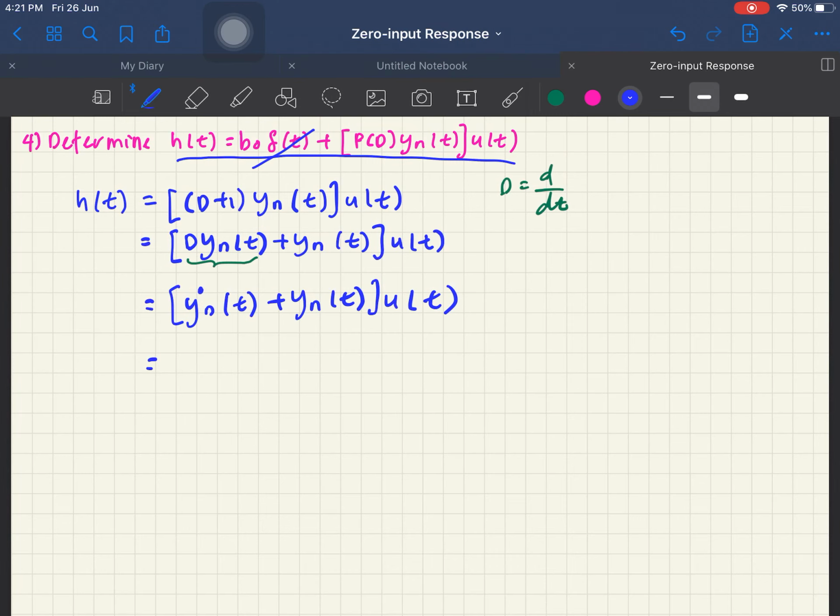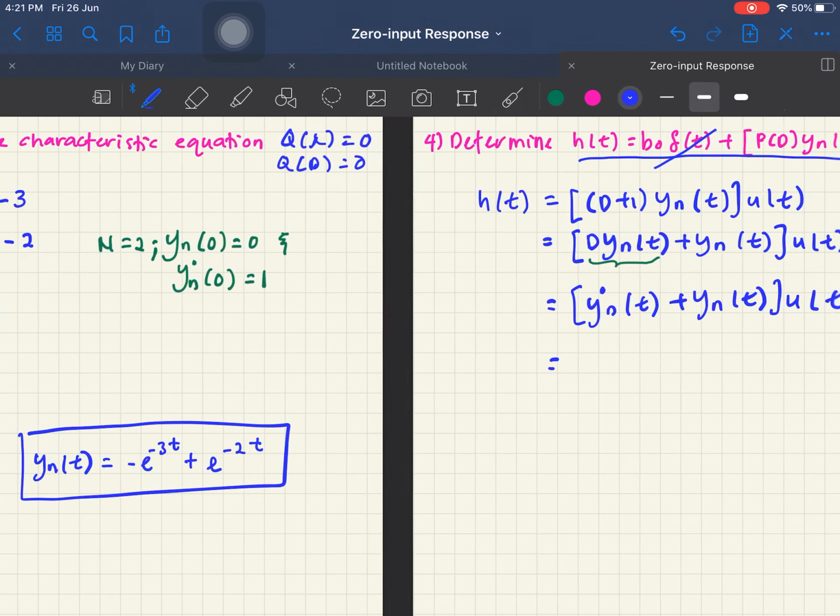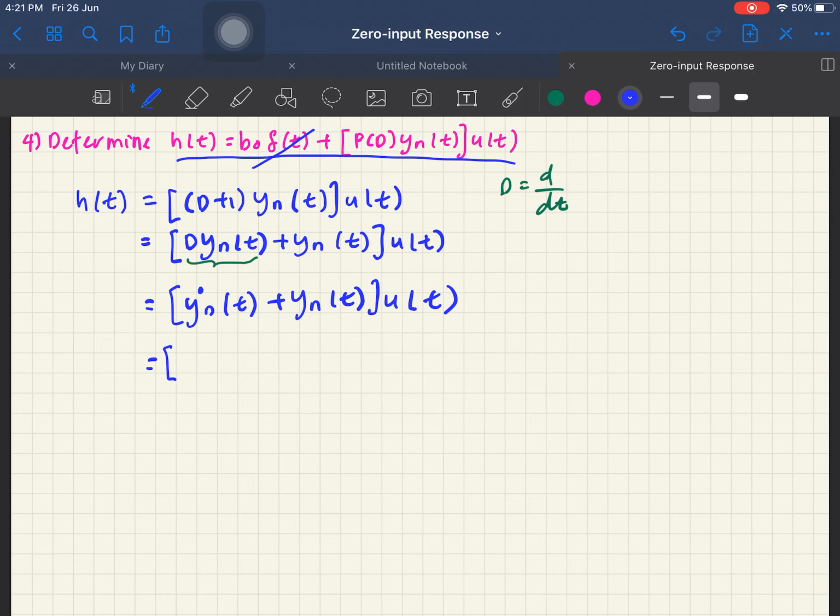From here, you simply substitute c1 with minus 1 and c2 with 1. So you will get 3e to the minus 3t minus 2e to the minus 2t minus e to the minus 3t plus e to the minus 2t, times u of t.